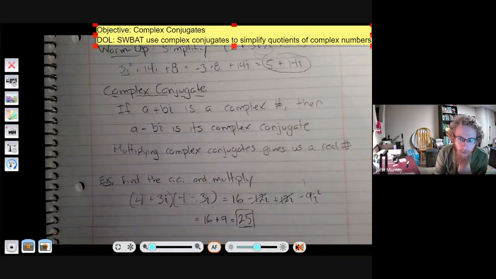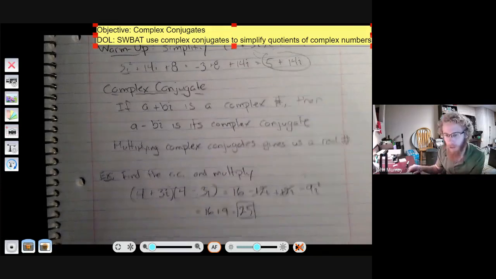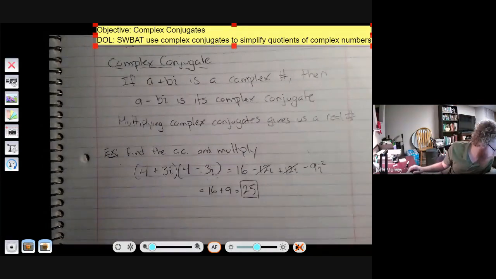All right, so we use the conjugate of our original complex number to manipulate it to get solely a real number, just the real part. All right, so other than the fact that, actually we'll get to that later. One of the main reasons we use this is to simplify a complex quotient.